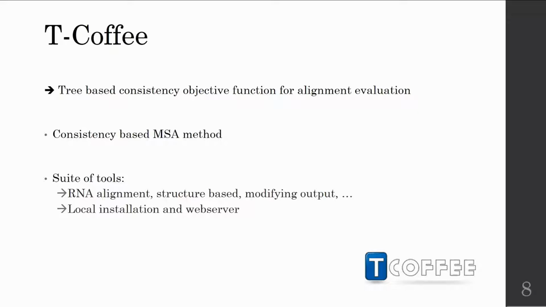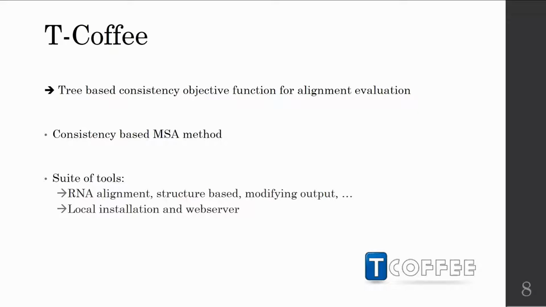So for example, if you have sequence X and Y, they will search for a sequence Z, where the residue of your sequence Z will bind to the residue of your sequence X. And if it binds to X and it binds to Y, it means that X must also bind to Y. That is the philosophy of consistency based.